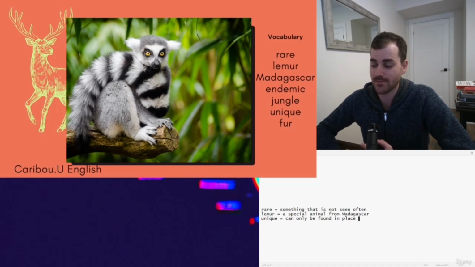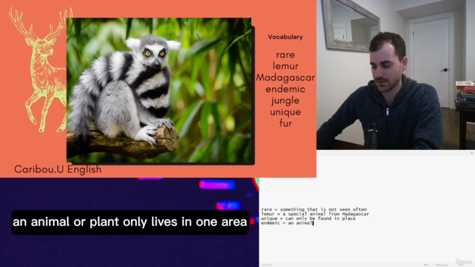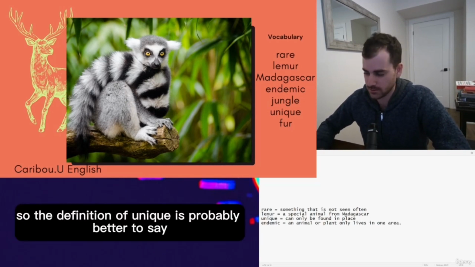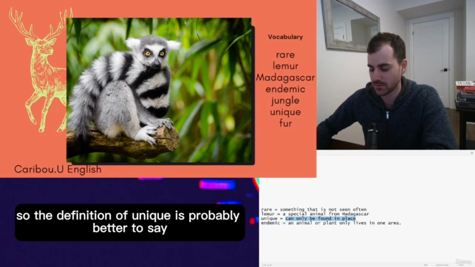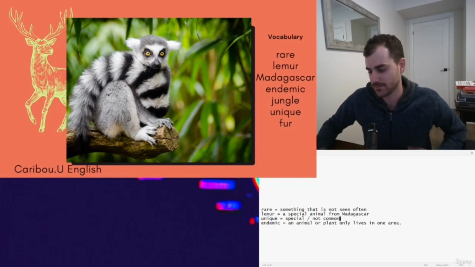And another word, endemic. It means an animal or plant only lives in one area. So the definition of unique is probably better to say like special or not common.